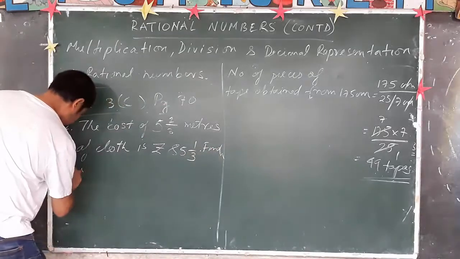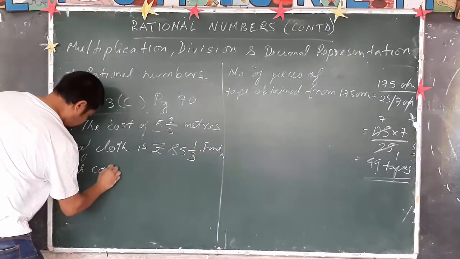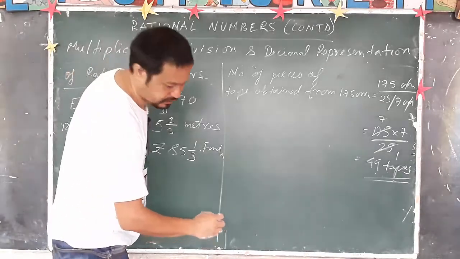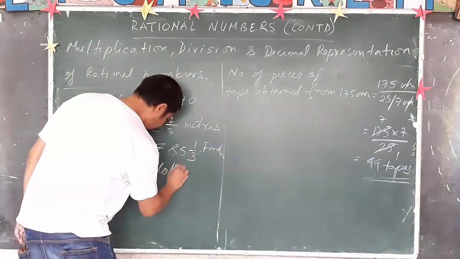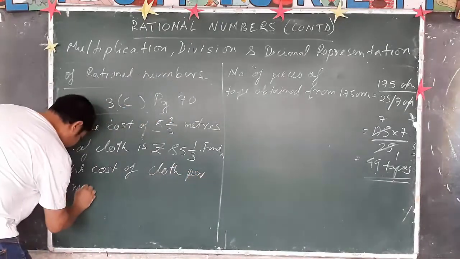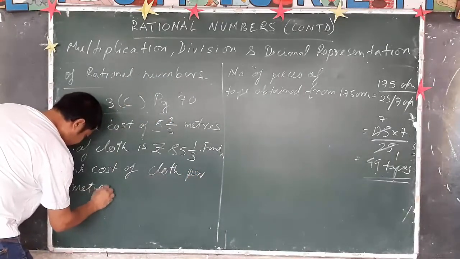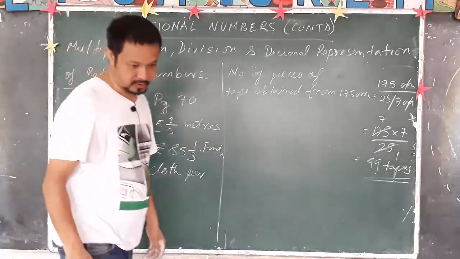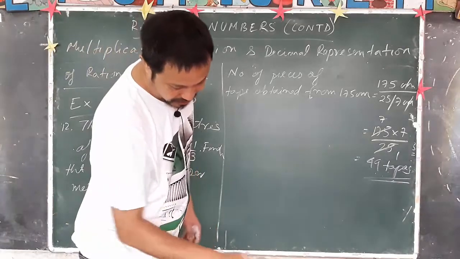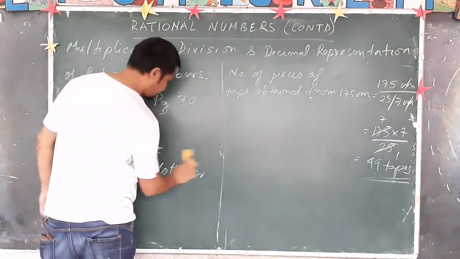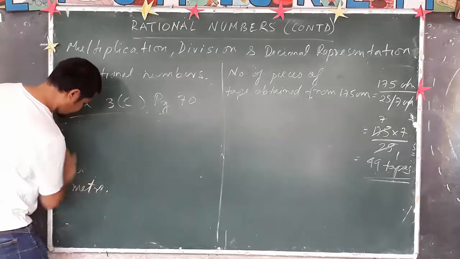Find the cost of cloth per meter. Okay, so this will be your homework. Now, that is number 12. Okay, now we move on to a few more sums, then I'll be completing this exercise.